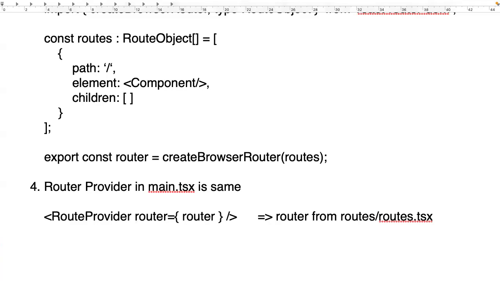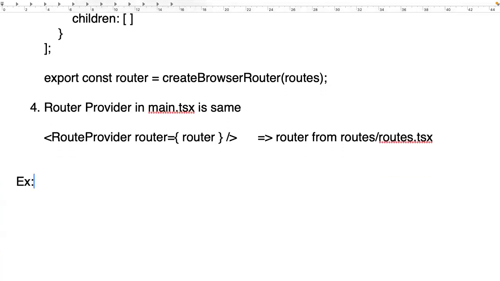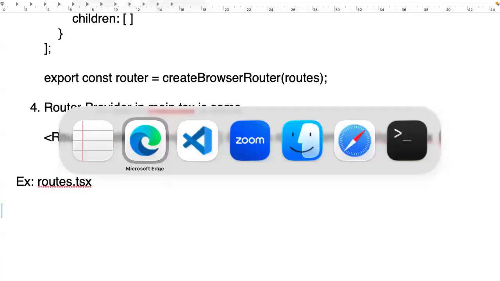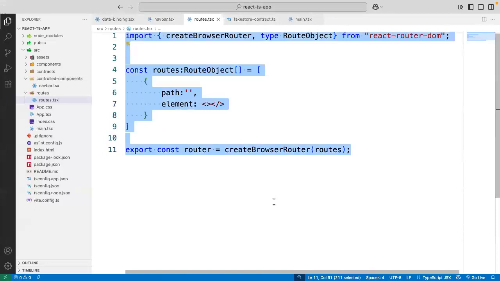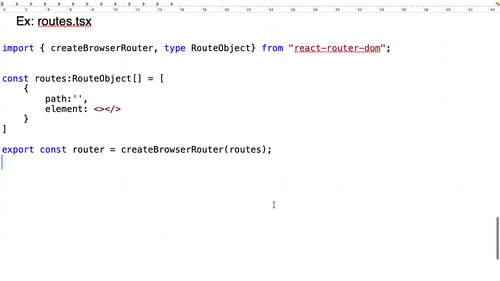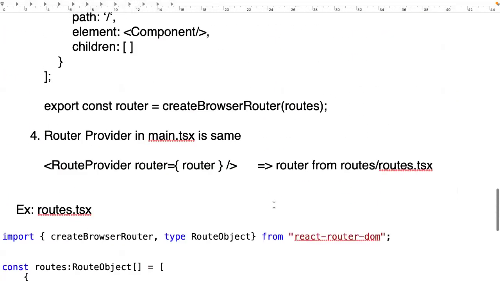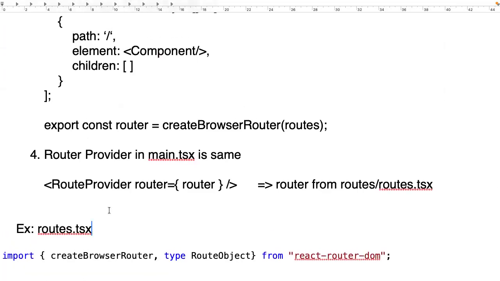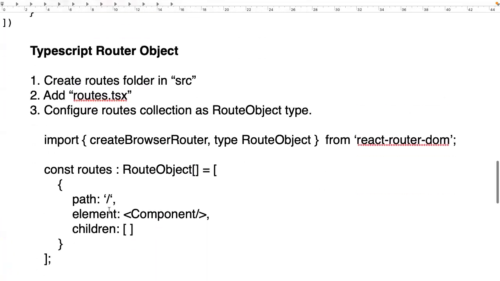That means directly you are writing browser router routes, same, no change. If you are separately maintaining, then this is one change you need to handle, right? So I will just give here routes.tsx. Just rough code. You can build the infrastructure accordingly. Okay. So this is the change in the TypeScript router object.